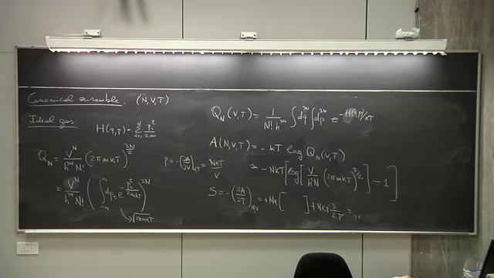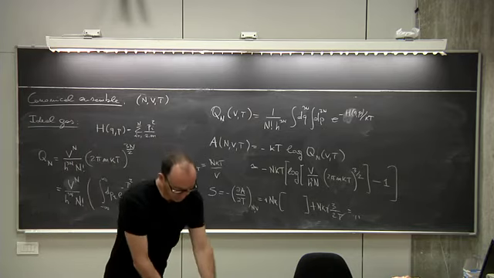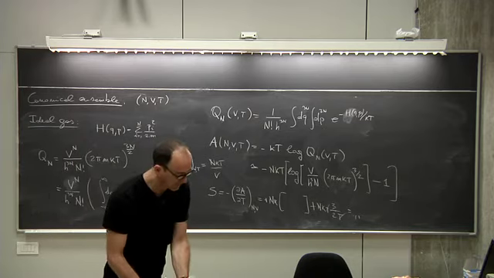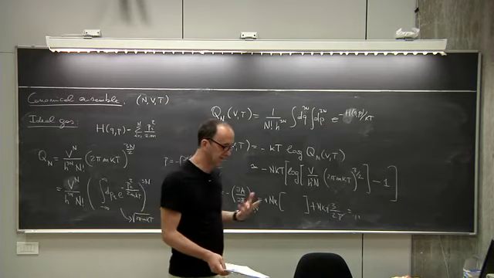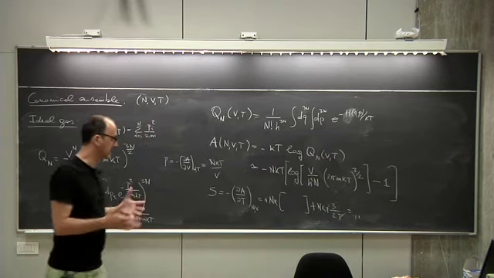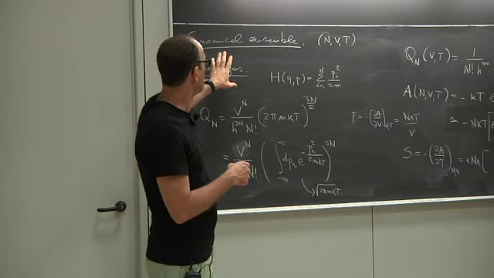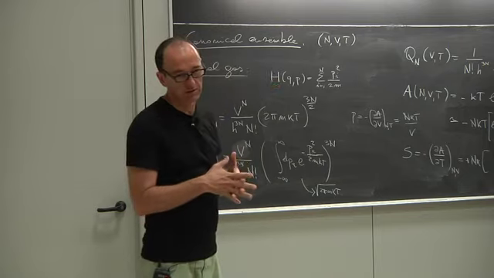Okay. So we want to understand why it is that in general we will get the same result in the canonical ensemble and in the microcanonical ensemble.